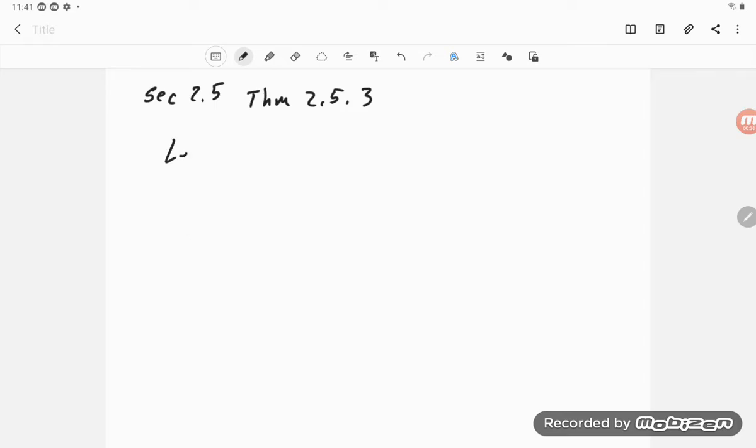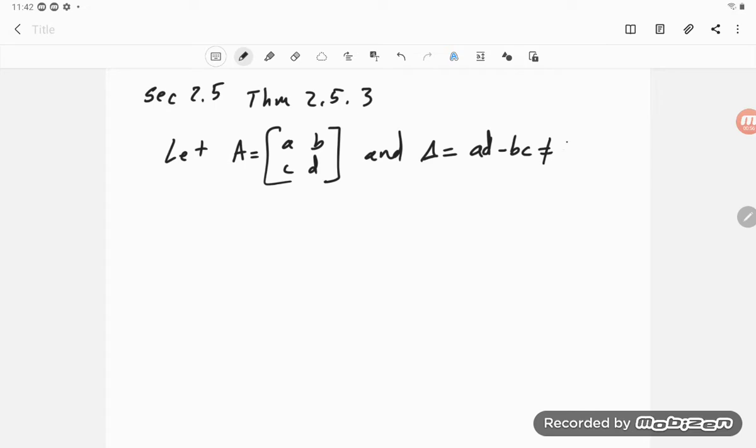They say let A be some 2 by 2 matrix, A, B, C, D, and delta, uppercase delta, AD minus BC, is not equal to 0.